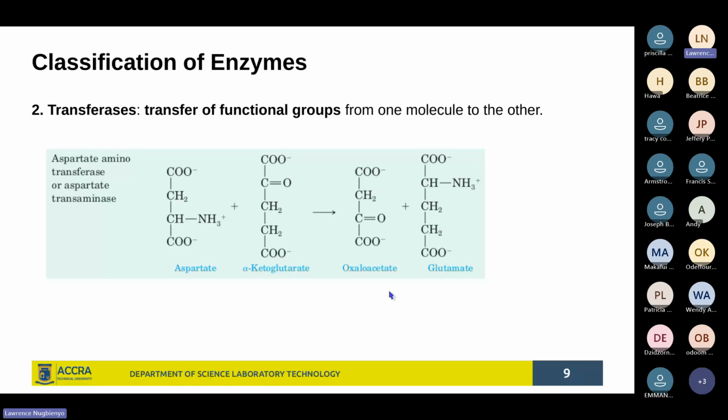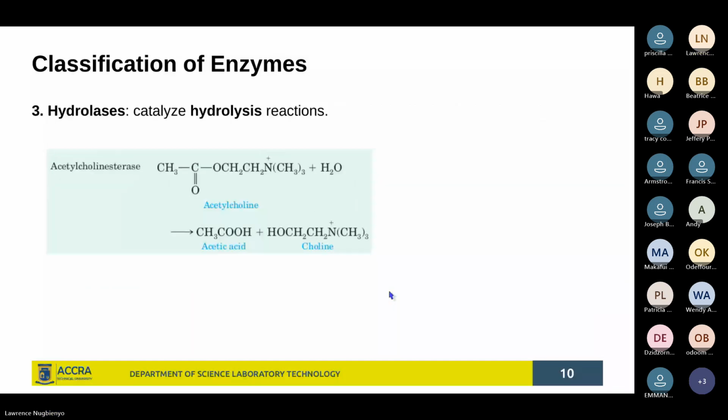Oxaloacetate, yes, too, you will find it there in the Krebs cycle. So you see that there is this process of transamination, which we will see in protein metabolism, and you see this specific reaction over there. And the enzyme which is involved there is a transferase. Right.